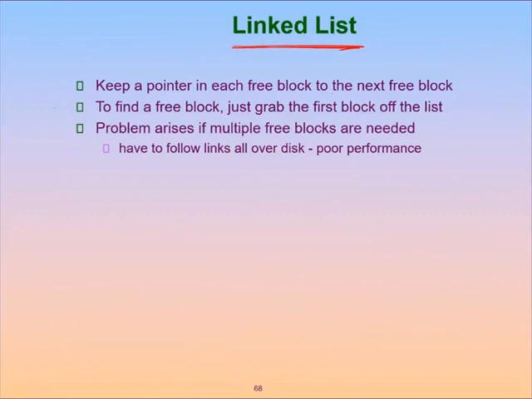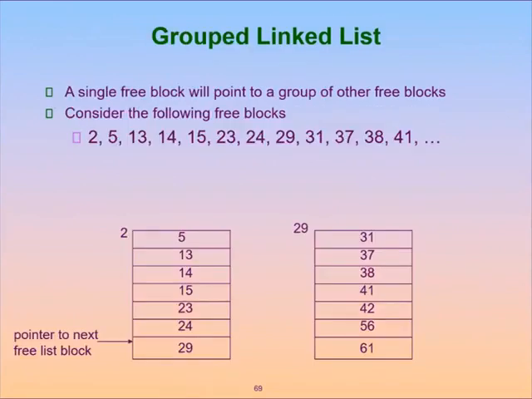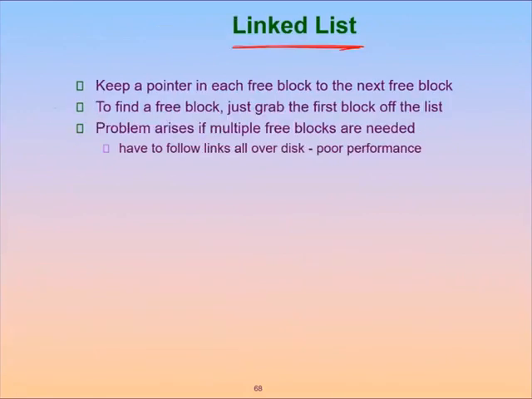Okay, so it is very, very simple. It will require no extra space. So what you have to do is find the first free block, grab it, and then travel through that block to get the next free block. For example, block number 2 is free, and in 2 there is a pointer to block number 5.